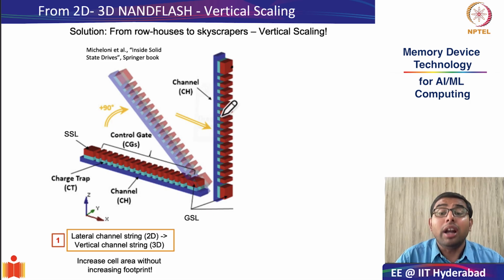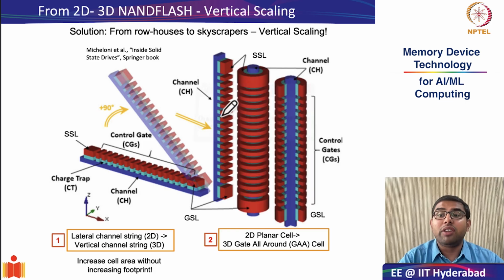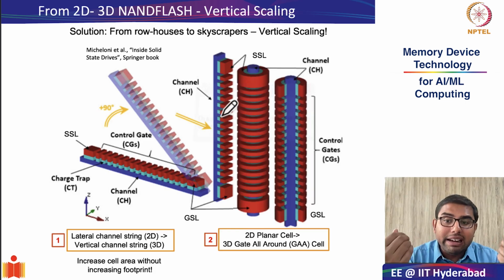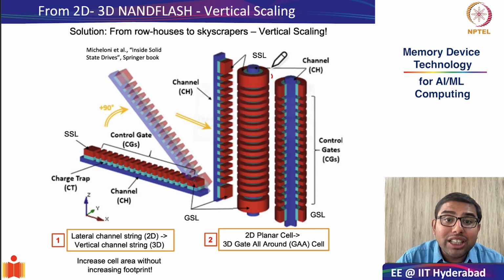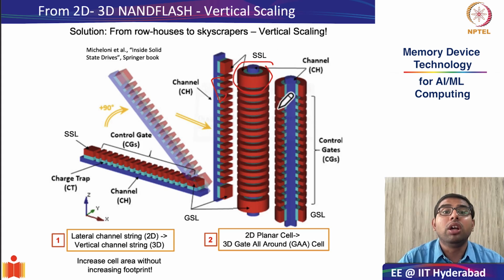Okay. The second major alteration that you make is you completely change the transistor architecture from planar 2D architecture to gate all around 3D architecture, as you can see over here. So this is your planar 2D architecture and this is your gate all around architecture, a cross section of which is shown over here.